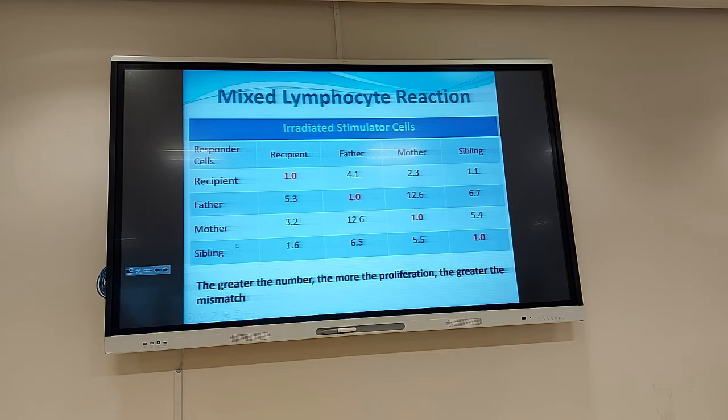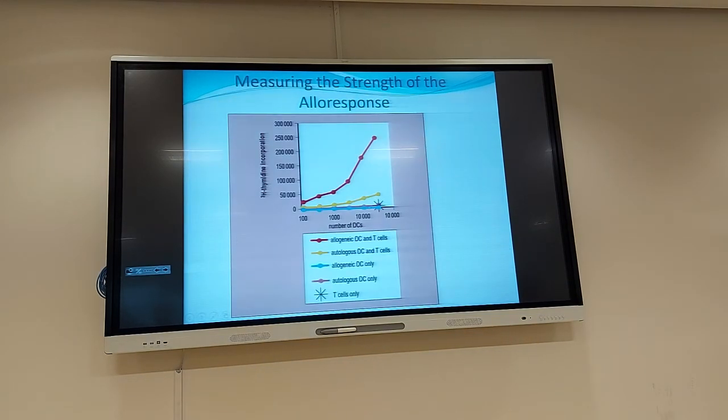Yes. Then why is the yellow line even elevated if there's no response? Why isn't it flat like the blue one? A lesser degree of mismatch. You told us there's no response. Autologous. Yeah, because there's nothing to react against those target cells. Then why is there elevated white blood cells? Why is the yellow one elevated basically?